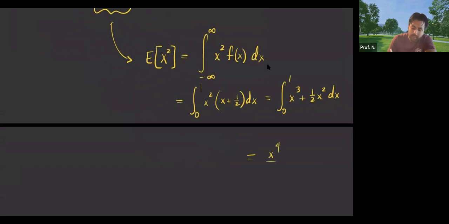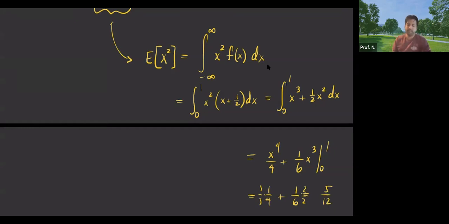This is x to the 4th over 4 plus 1/2 x cubed. You bring the 3 down, this becomes a 6. This is from 0 to 1. So this is a 4th plus a 6th, which if this is times 3, this is times 2, so this is 5/12, right?